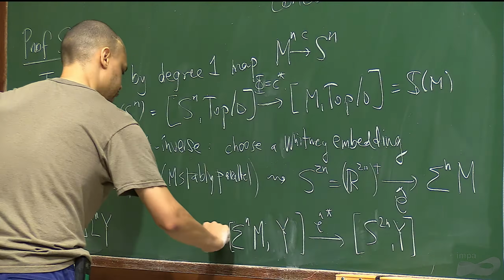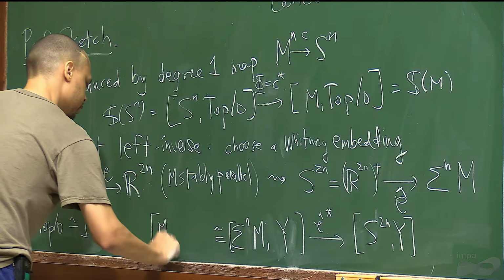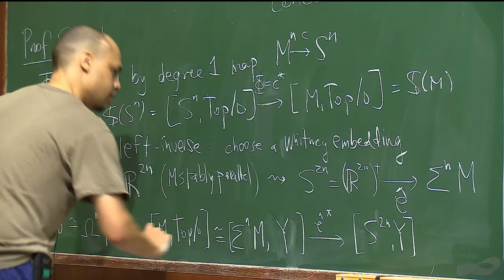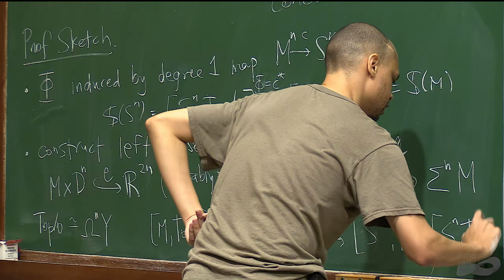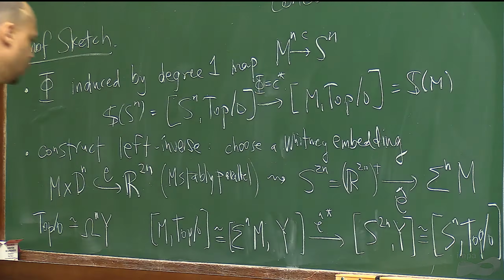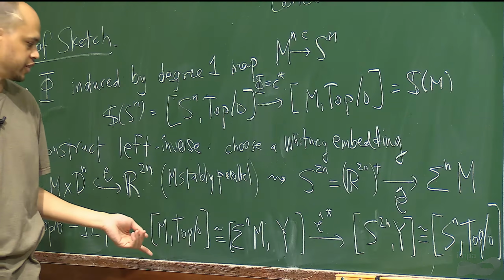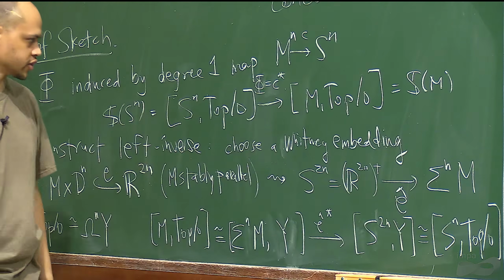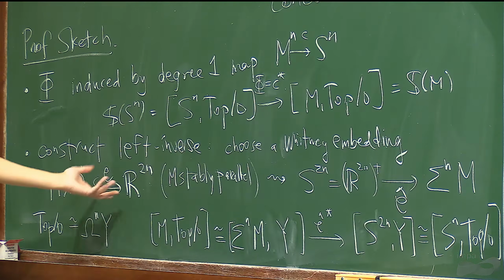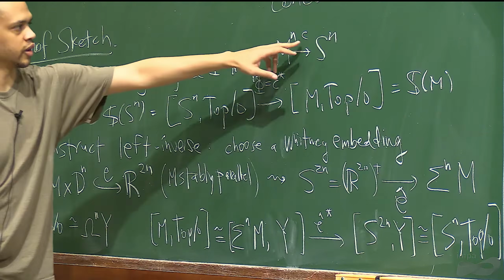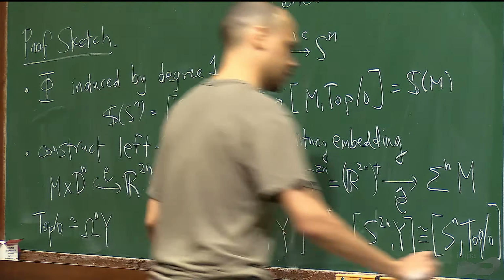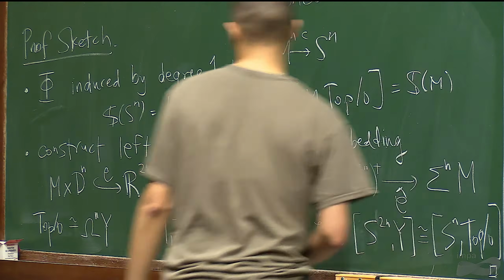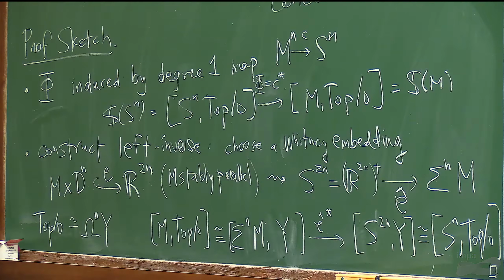And then by the adjunction, this is maps from M to Top/O, and here this is maps from S^n to Top/O. Then you check that this is a left inverse to the map that you started with, which is not so hard given the geometric construction of both of these maps. So it's a little bit of algebraic topology once you have the Whitney embedding.